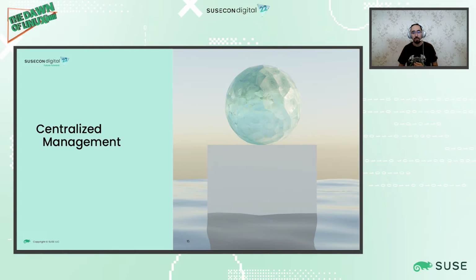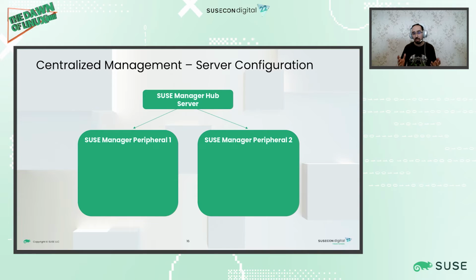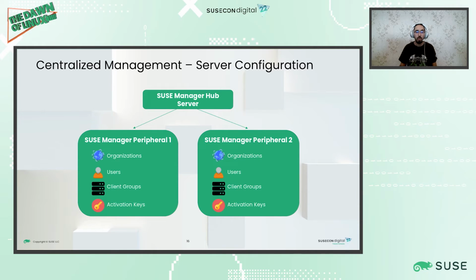Okay, so many SUSE Manager servers brings us the problem of how we can centralize the management of all these servers. So the first thing that we think about is, if we have a hub and several peripheral servers, we will want to centralize the management of organizations, for example, or even the users or system groups at high level, and also activation keys.